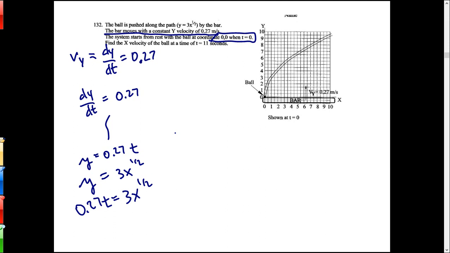So what we've done there, we started off with a path, y is a function of x. We also had the relationship between y and the velocity. We can work that to get a relationship between the y velocity and we have the y velocity.